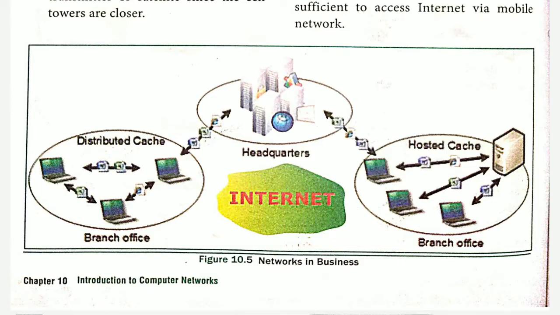The headquarters will be somewhere, and the distributed cache and hosting cache will all be in separate locations. The branch offices and head office are connected by using the internet, so that all the data will be present at all the locations.